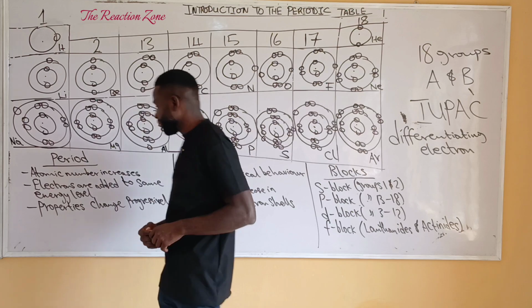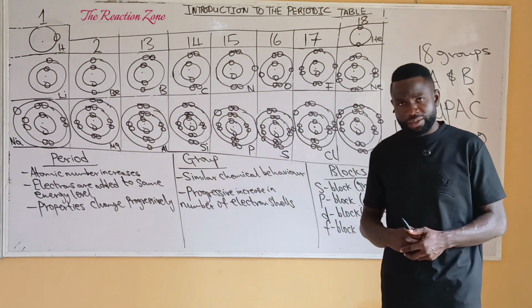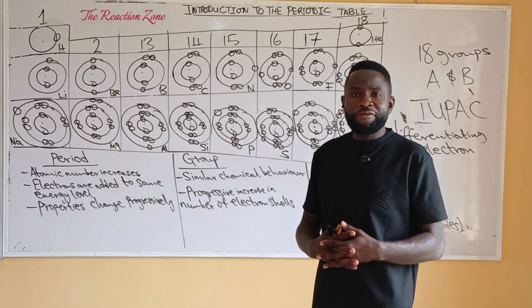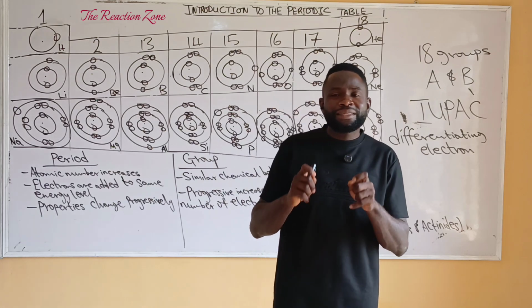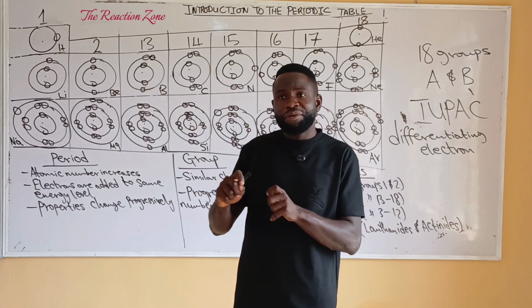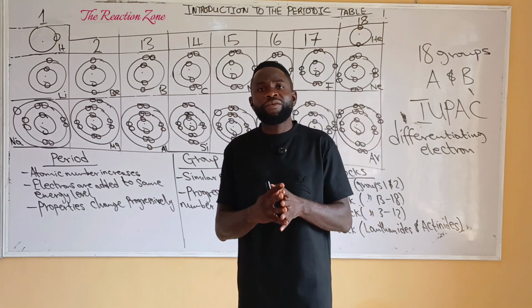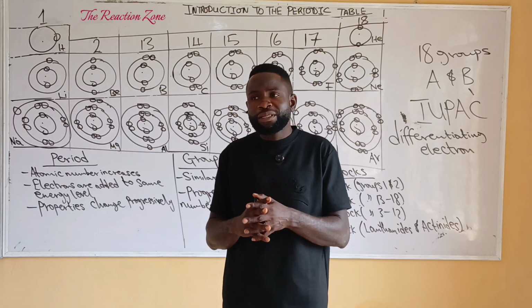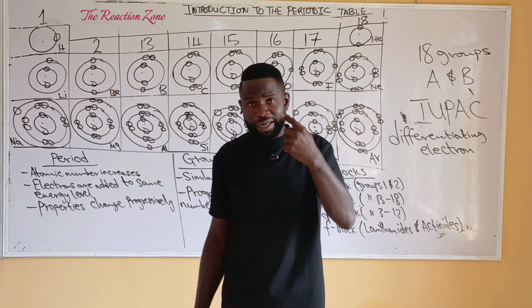member of the group. Elements can also be arranged in blocks in the periodic table. And the criteria for arranging elements in blocks is the type of orbital that is being filled. Or we can also say that elements are arranged in blocks in the periodic table based on the type of orbital that the last electron of an atom of the element enters.